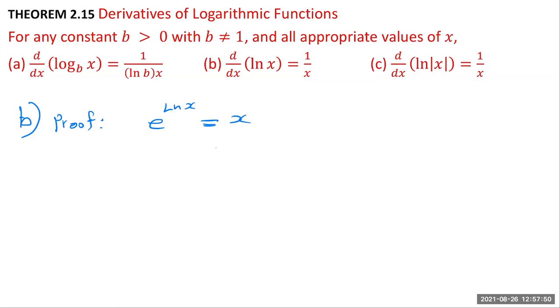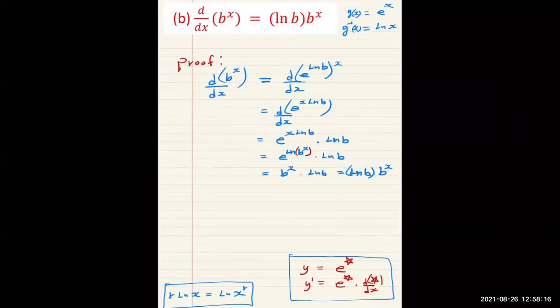I want to prove again some of the formulas here. I will prove the second part and I will leave the other parts as an exercise. So here is how I'm going to prove it. I'm going to start with a statement like this: e to the power ln x is equal to x, because, if you recall the previous argument, e to the power x and ln x are inverses of each other.